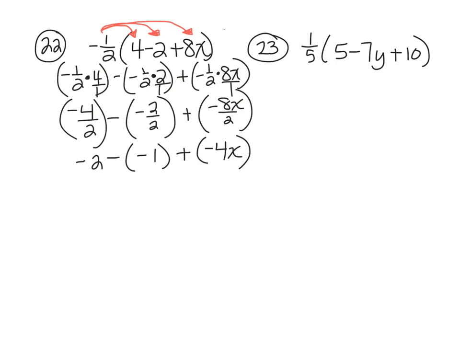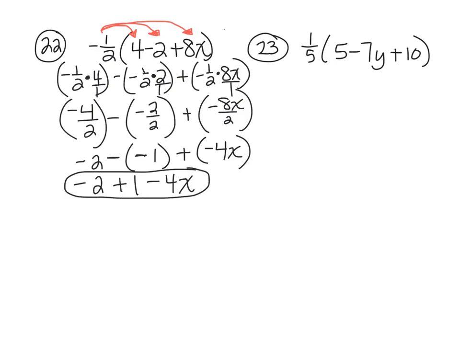Now we're going to clean up our subtraction and our negative signs to make our expression more fluid. Negative 2, subtracting a negative 1 is the same as adding 1, plus negative 4x is the same as subtracting 4x. So there's one expression there.